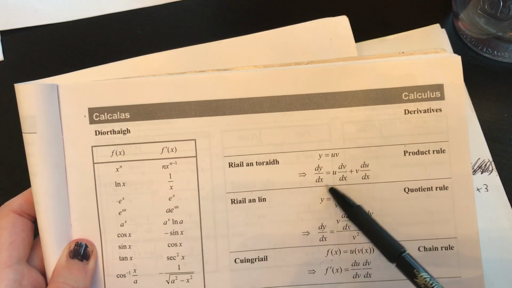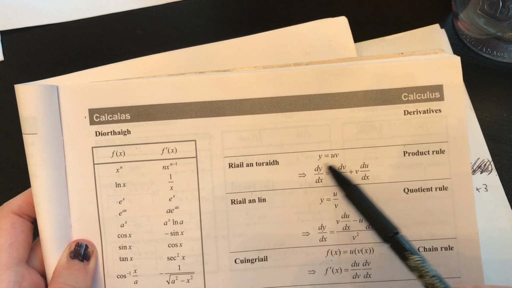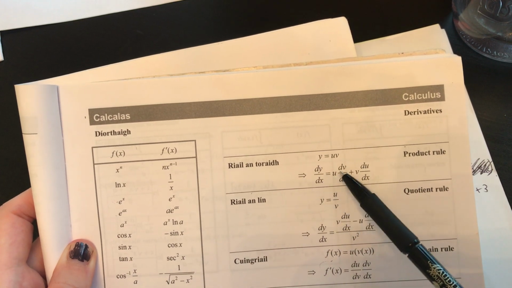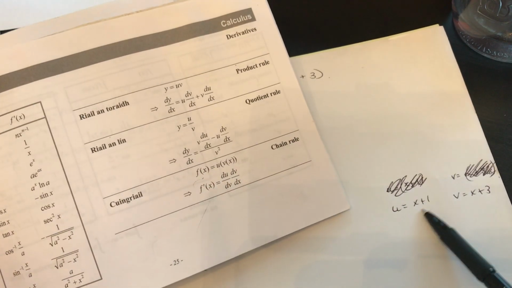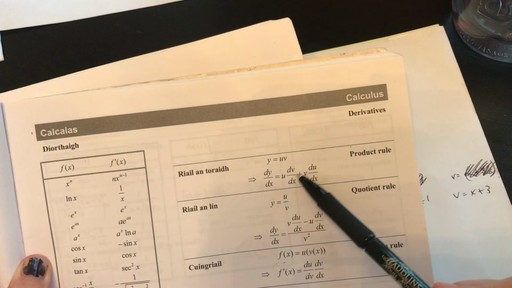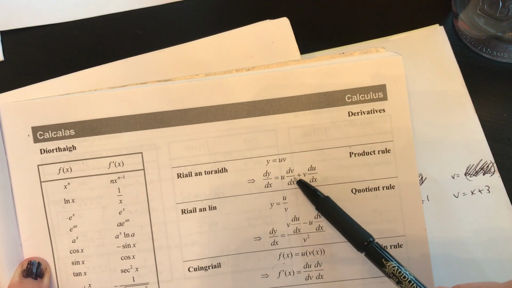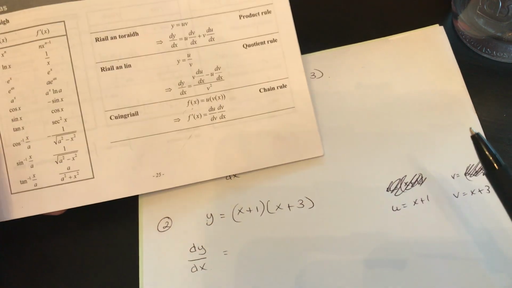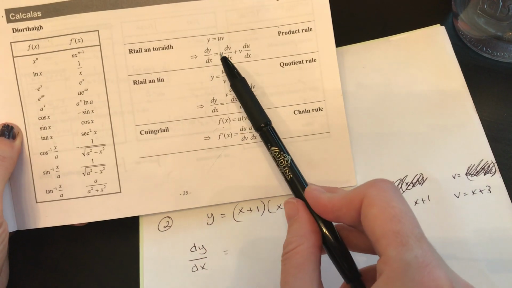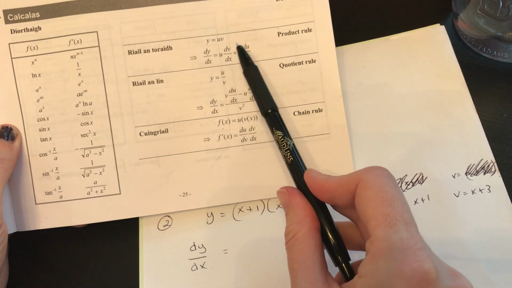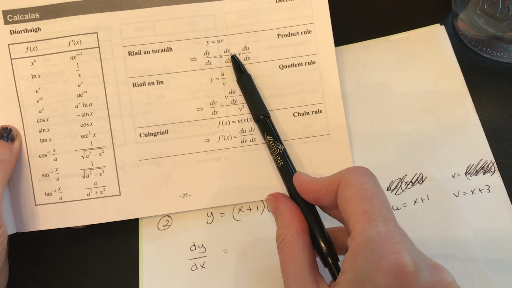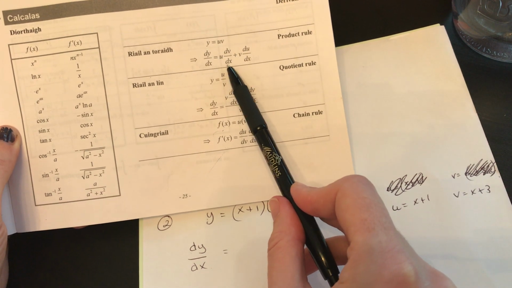And it tells me that if you want to differentiate your function, then you need to get u times dv dx. Well, what does that mean? They want me to differentiate the v function that has the variable x in it.